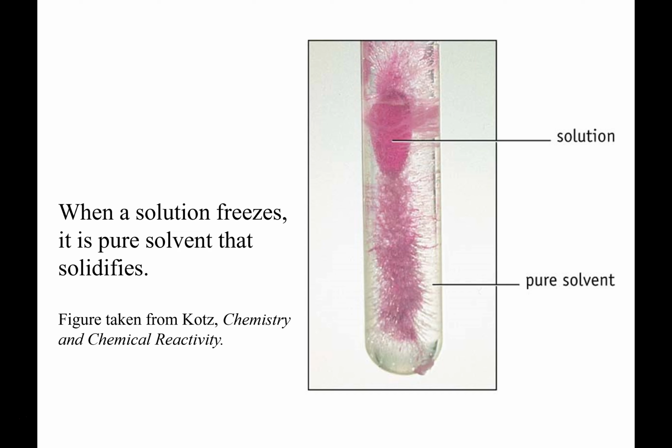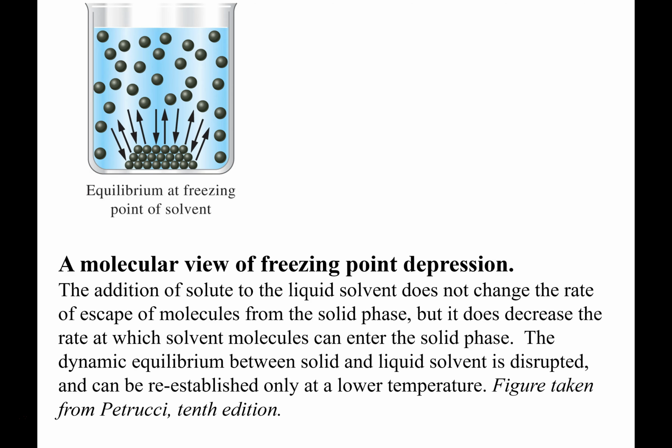This is showing how if you have pure solvent, you get nice freezing solidification, and where the solvent has a solute added to it, your freezing is blobby. So how does the solidification work with interfering particles?